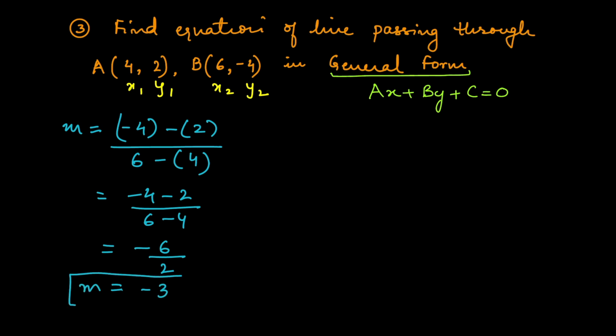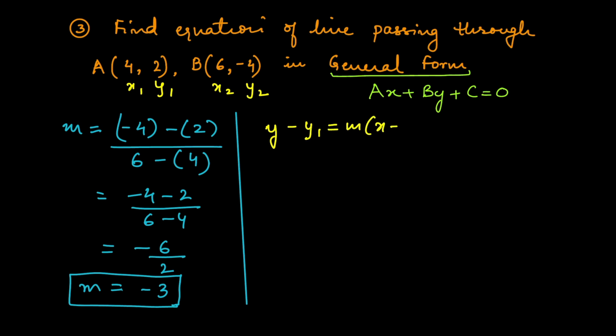So m is minus 3. Now for finding the equation, we can use y minus y1 equals m times x minus x1. So when we plug in the values, I'm writing these as x1 y1, so it is y minus 2 equals minus 3 times x minus 4.